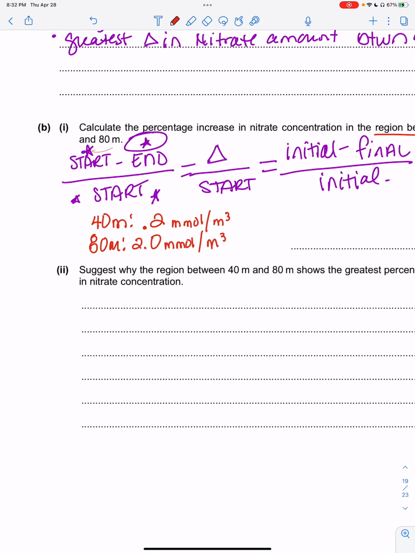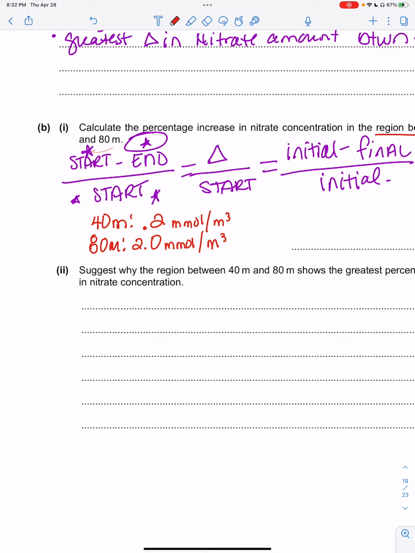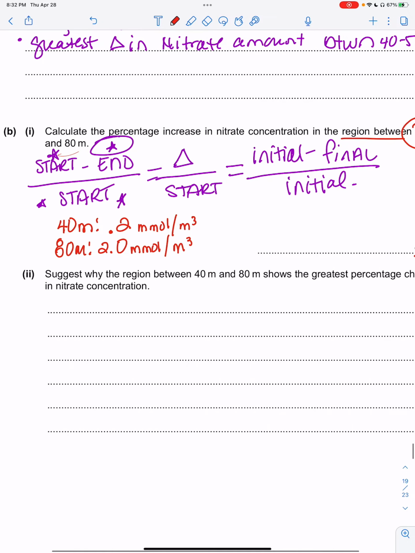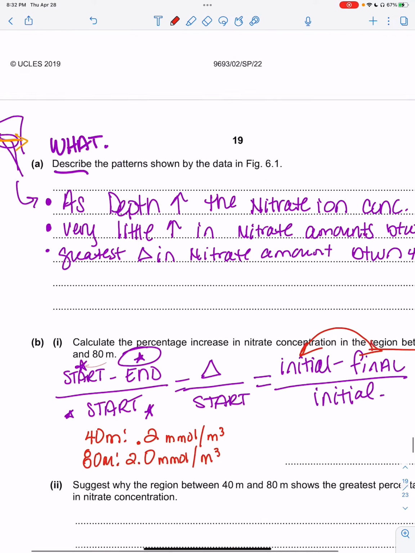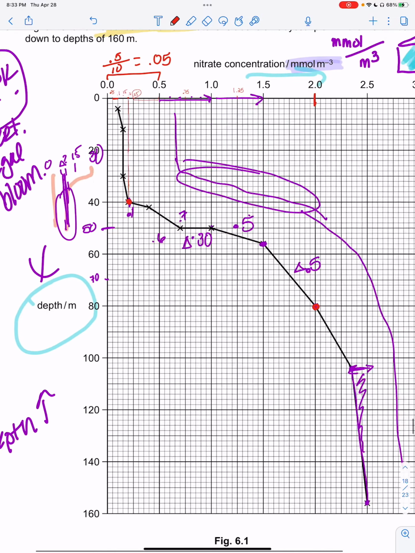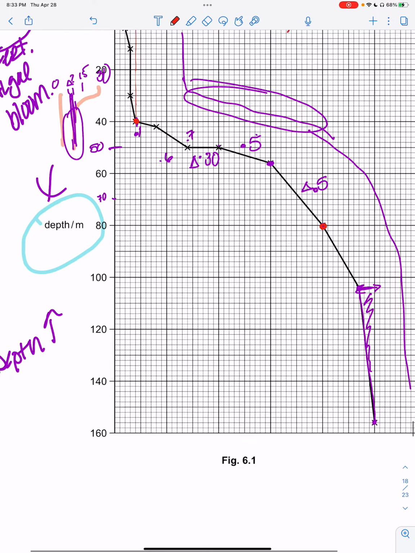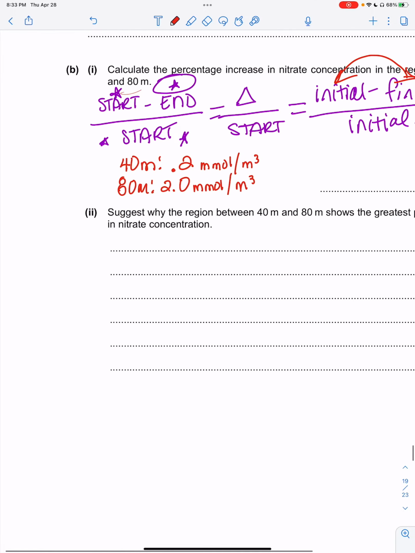Okay, so how much did that change? We know that it increased with depth. Even though it's final minus initial, it really doesn't matter. We can tell that this is increasing because it's going in this direction, and we know that the number 2 is greater than 0.2. So we know that number went up.